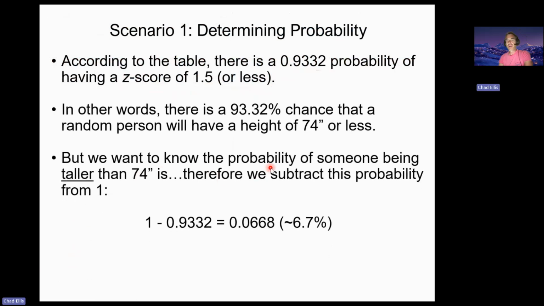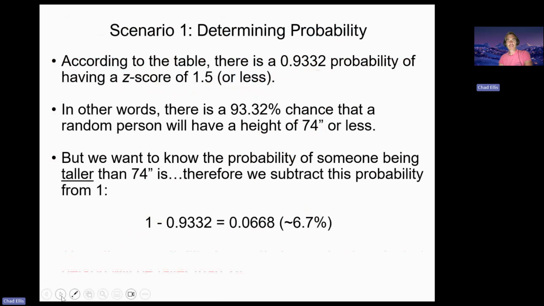We wanted to know the probability of randomly selecting somebody taller than 74 inches. But since we know that the total probability underneath the normal distribution is 1, all we have to do is take the probability that we looked up in the cumulative table and subtract it from 1, which gives us a probability of 0.0668, or around 6.7%.